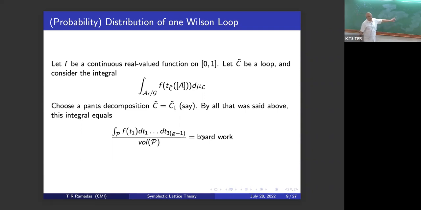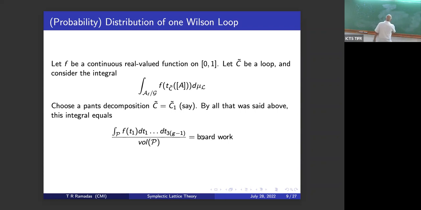So I take the normalized Liouville measure, total volume 1, take this function of the Wilson loop and integrate it over A_F mod G. And if I know this for every function f, I know how the values of the Wilson loop are distributed. Okay. So now, by what we said before, this is equal to an integral over the polytope.